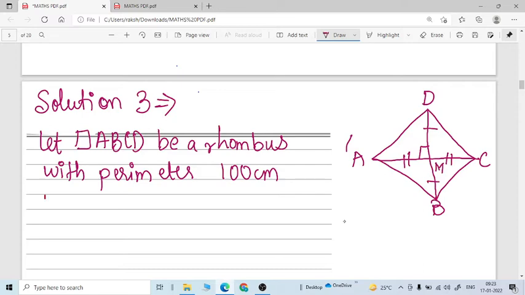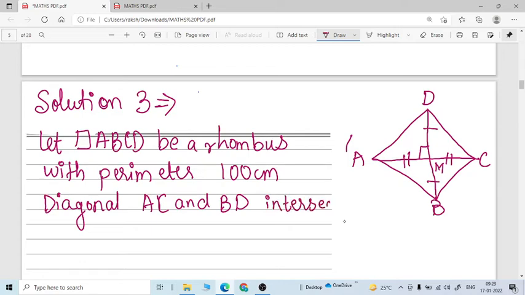So first we specify the diagonals. Diagonals AC and BD intersect at point M. Correct? AC and DB intersect at point M.